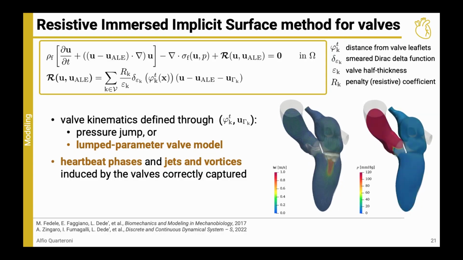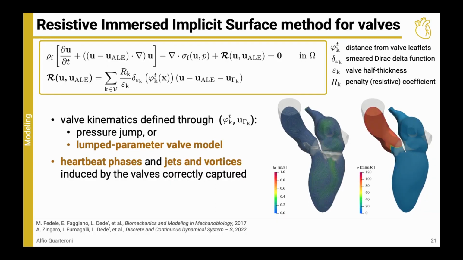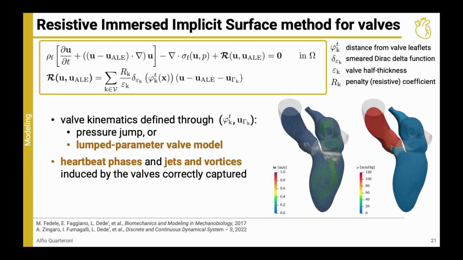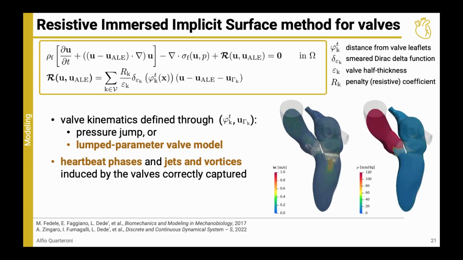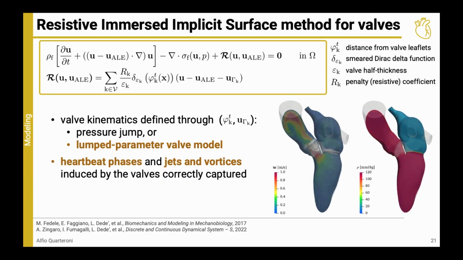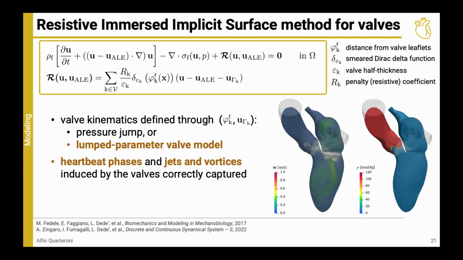So the valves here are represented as resistive terms in the momentum equation of the Navier-Stokes equations. So the fluid dynamics sees the valves as resistive objects in the domain of the fluid. And these resistive objects are basically some delta Dirac function that operates on the valve leaflets.